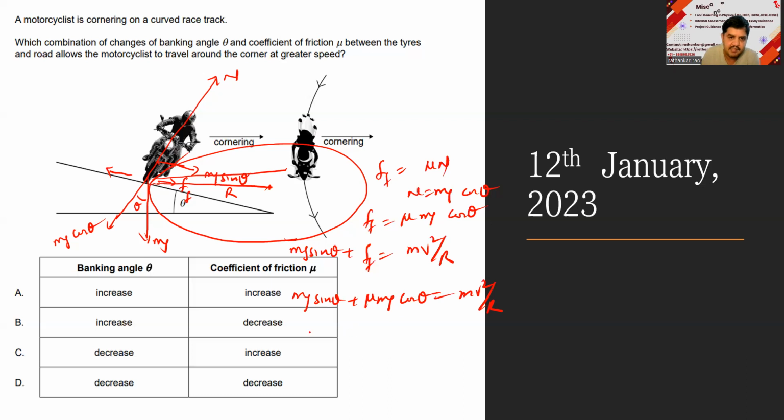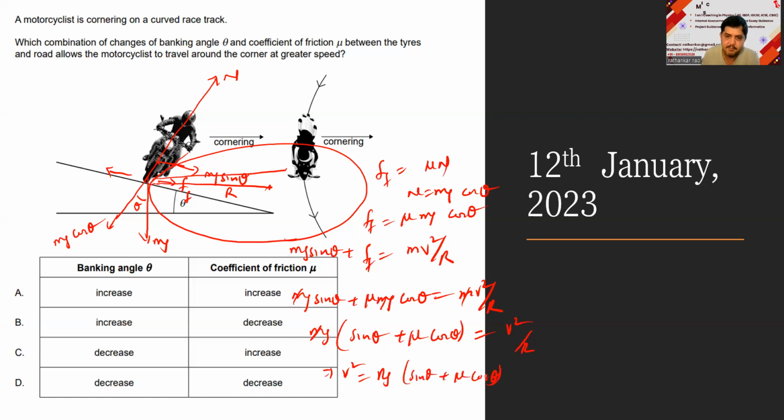I will take mg outside, and cancel m on both sides. So you get v square is equal to rg into sin theta plus mu cos theta.